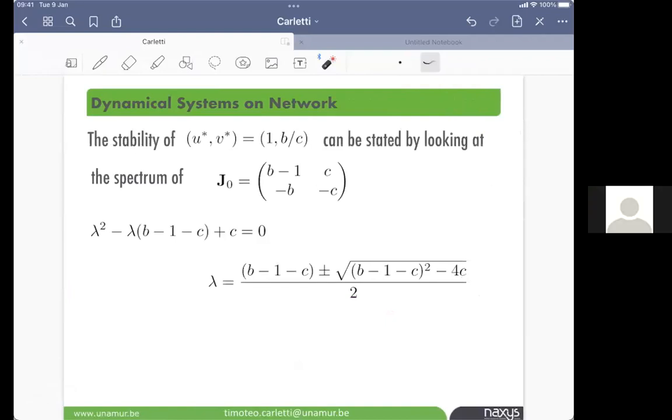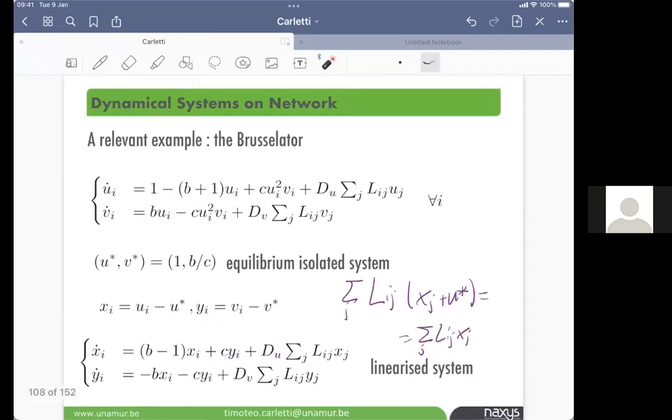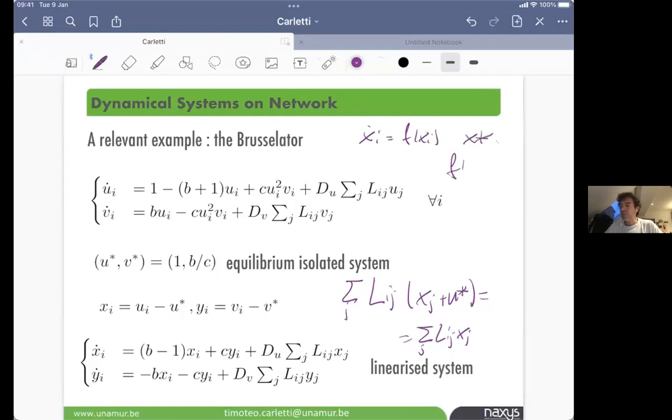Timoteo, may I ask a question? May I ask a question right now regarding this centralized action? Because you told us that if you ignore the dispersive term, you're going to have the fixed point to be 1 and B over C, right? Yeah, but this is true also if you put the diffusion. It's just what I said: remember at the beginning I started with the isolated system x_i prime equal to f of x_i, and I said, okay, x star is an equilibrium, so I have to solve f of x star equal to 0.